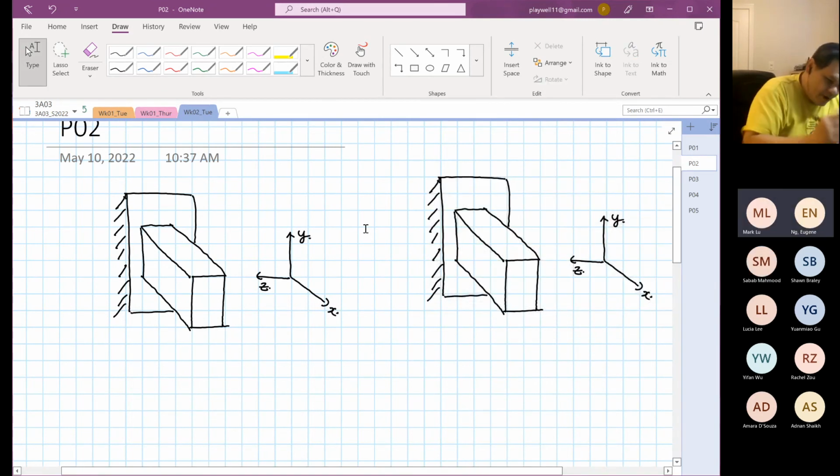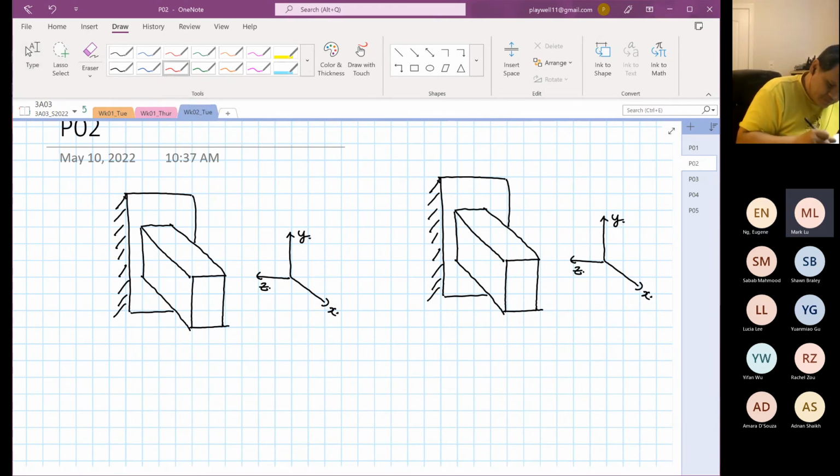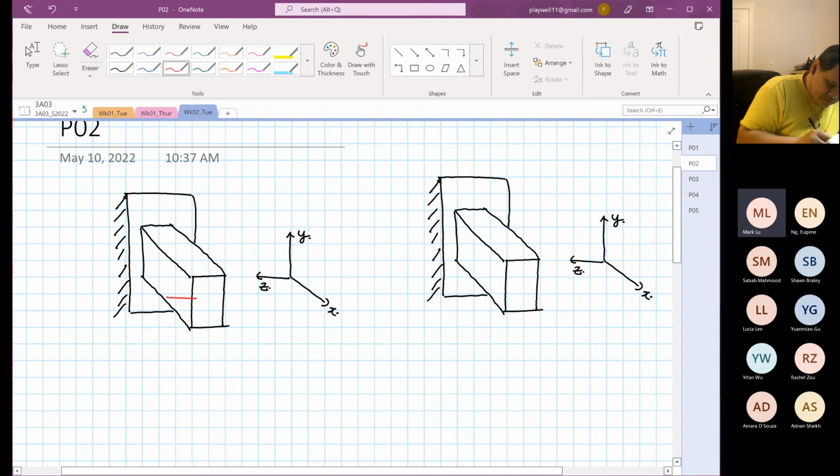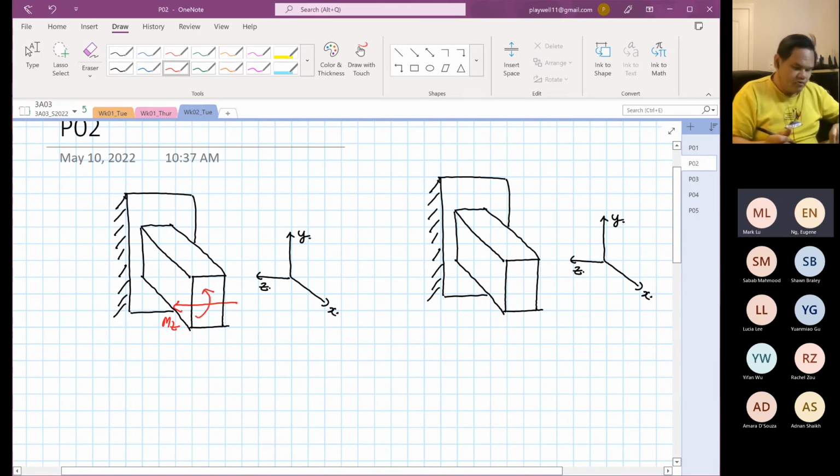Now, if we have an applied moment acting this way, I use the right hand rule.